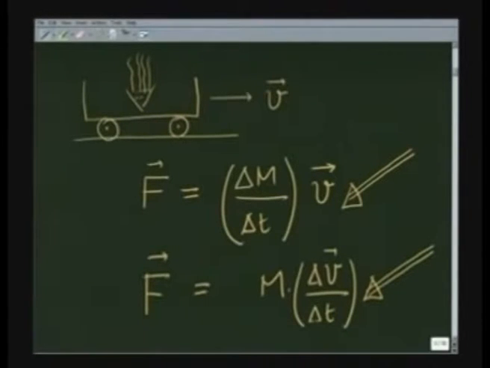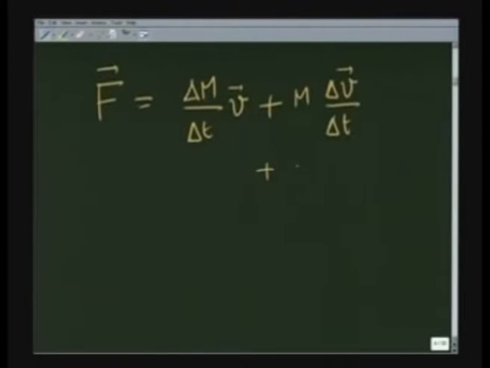To combine the two things, the net force I have to apply when its mass is changing and its velocity is changing is going to be this. I have neglected second order terms in mass and velocity as they go to 0 when I take the limit delta t going to 0.